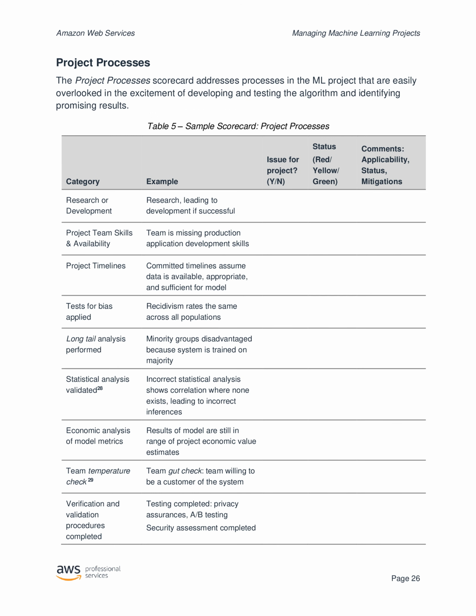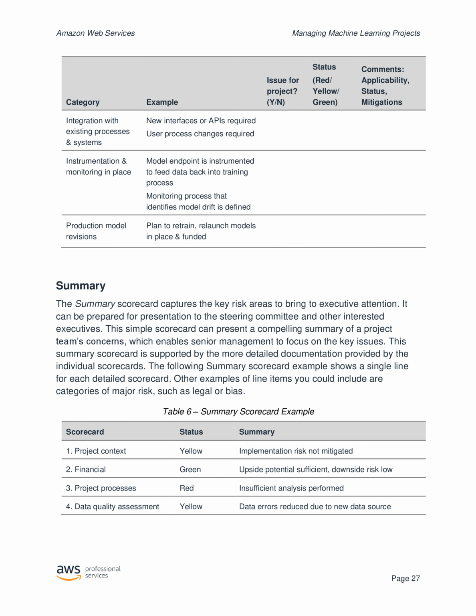Project Processes. The Project Processes Scorecard addresses processes in the ML project that are easily overlooked in the excitement of developing and testing the algorithm and identifying promising results. Summary. The Summary Scorecard captures the key risk areas to bring to executive attention. It can be prepared for presentation to the steering committee and other interested executives.